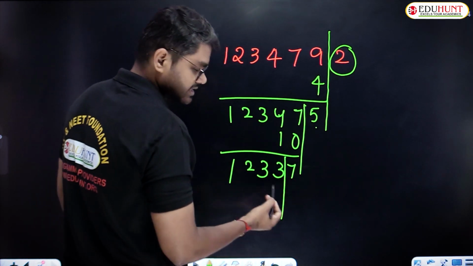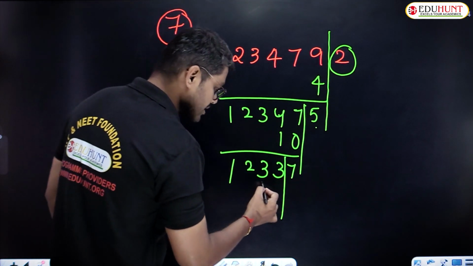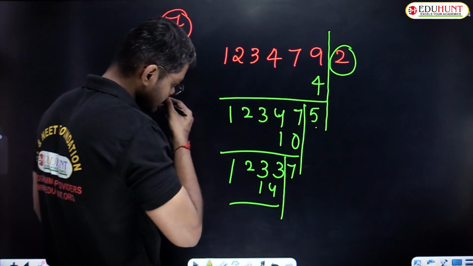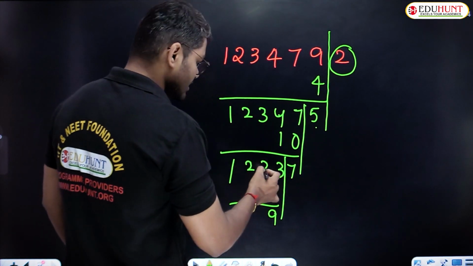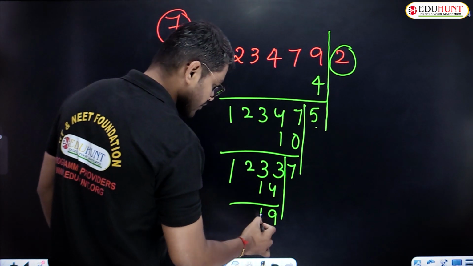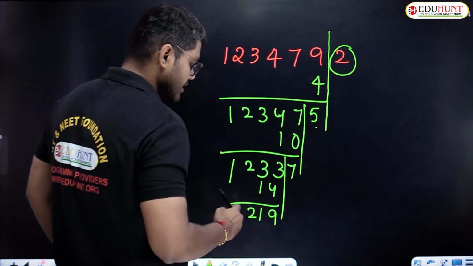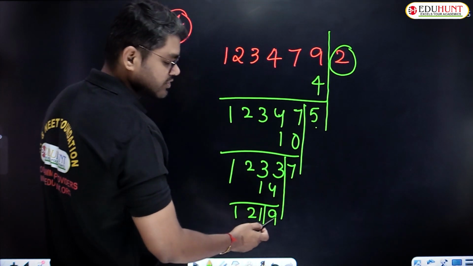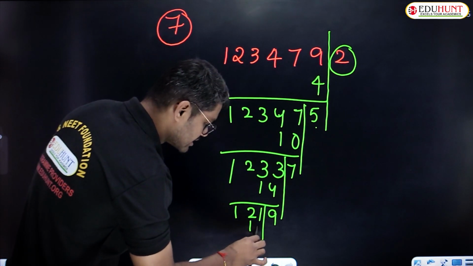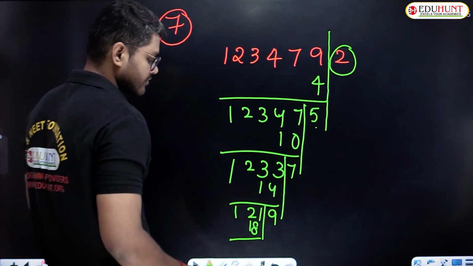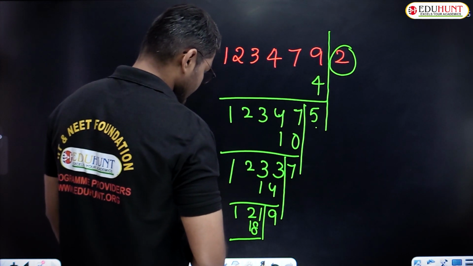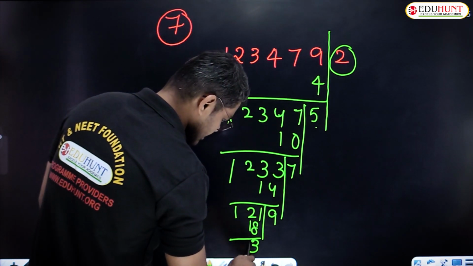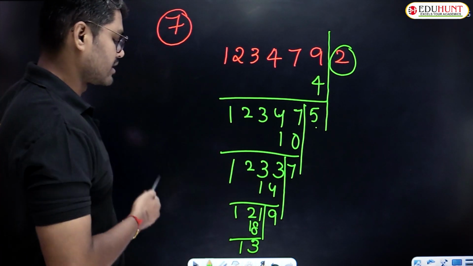Take the unit digit, that is 7, double that number, that is 14, 13 minus 4 is 9, 2 minus 1 is 1, 1, 2, 1. Again, take the unit digit, 1, double that number, that is 2, 21 minus 18 is 3, this is 1, 13.